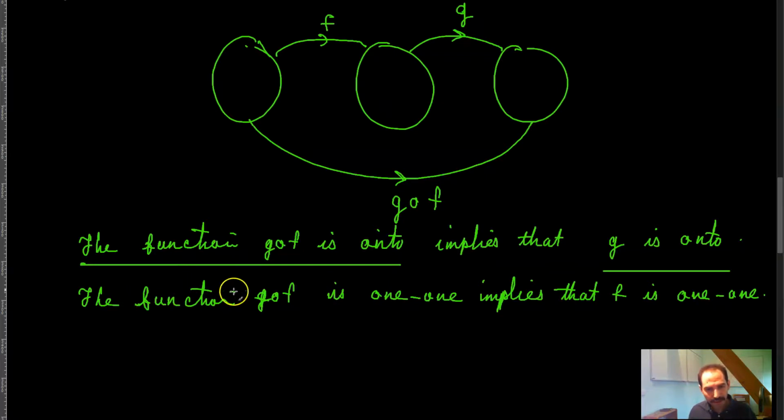So then again, I can say that the function g of is 1, 1 implies that in this particular situation, having all of this configuration all together, when I know that g of is 1, 1, that implies that f is 1, 1. Meaning that if f is not 1, 1, then there is no way that g of can be 1, 1. Right? That's the meaning of implication.